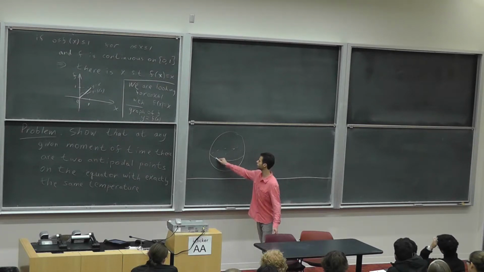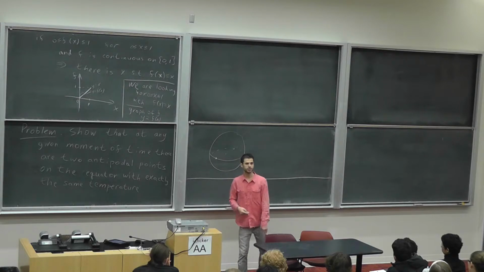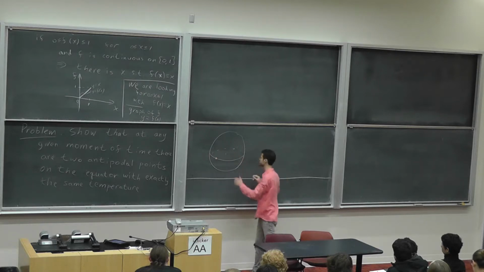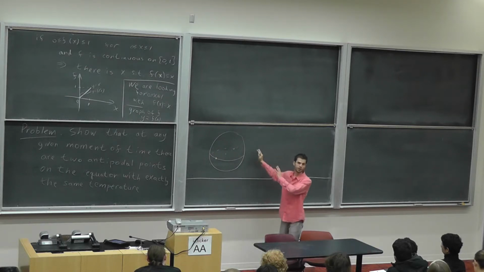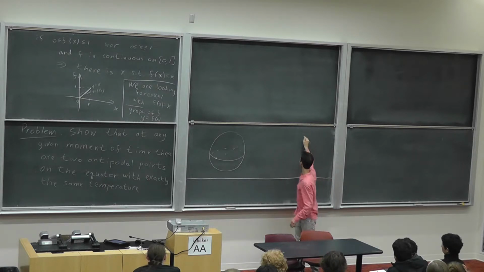If it is higher or smaller, let's see what happens. Let's say that actually the temperature here is higher than the temperature here. Let's now start thinking about how we can extend this temperature distribution all over the circle. So first of all, the Earth itself doesn't matter. We are only looking at the equator.